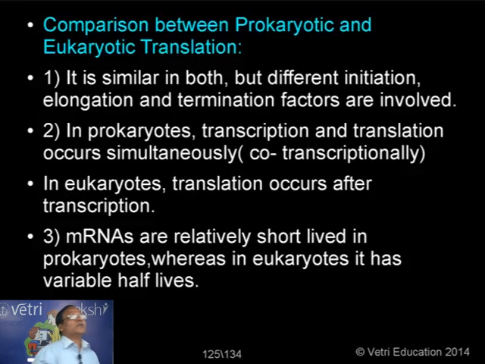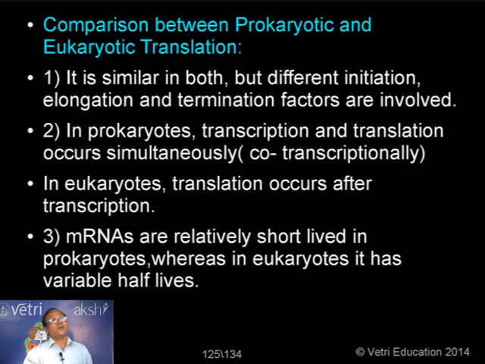Then we have to compare translation between prokaryotic and eukaryotic cells. Normally translation is similar in both bacteria and eukaryotic cells, but different initiation, elongation, and termination factors are employed.